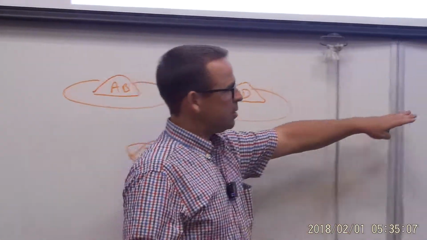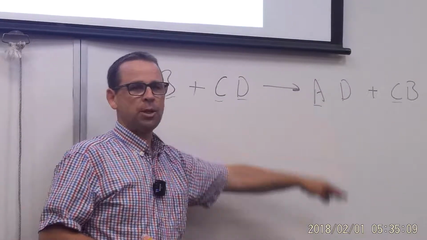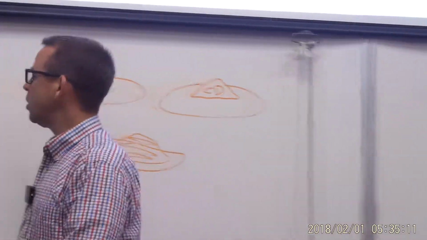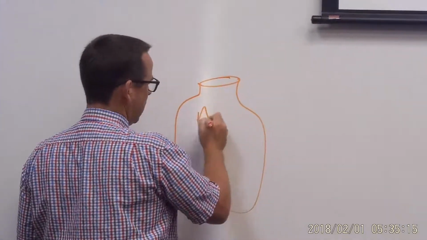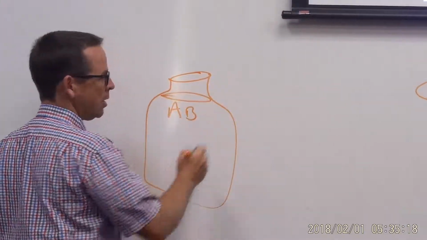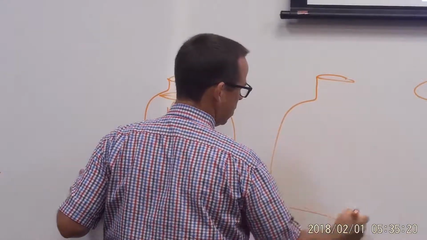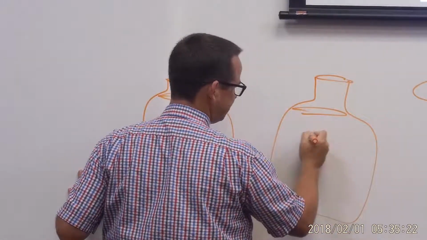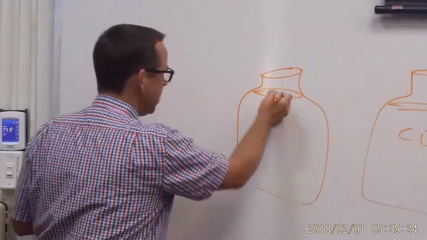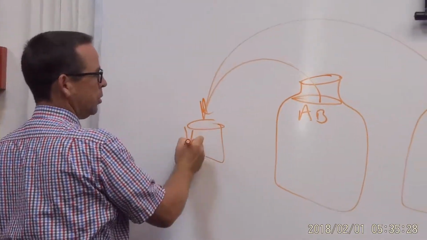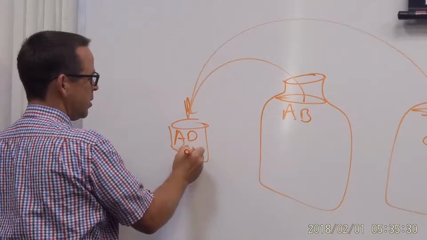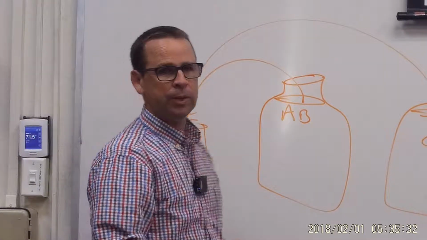These metathesis reactions, or double replacement reactions, occur when you have a solution of AB and a solution of CD. You mix a little bit of both into a container, and the result is A and D find each other, and C and B find each other.